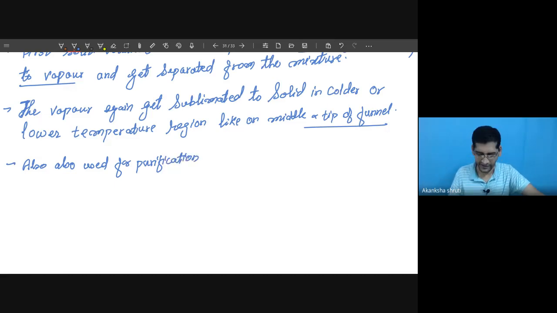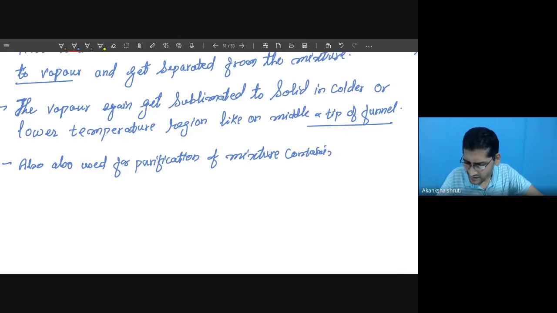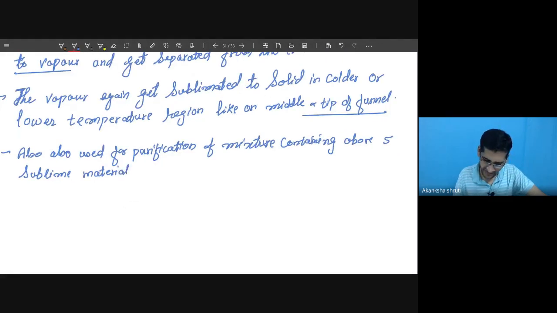Purification simply means the removal of impurities from a mixture containing one of the above 5 sublime materials as one of its components.